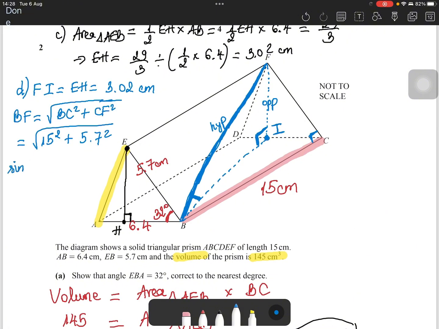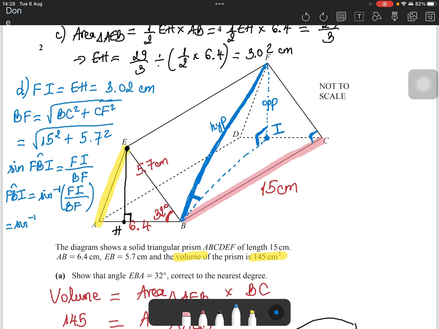Sin of the angle FBI is equal to opposite FI over hypotenuse BF, which means to find the angle FBI, we will use the inverse of sin of FI over BF.